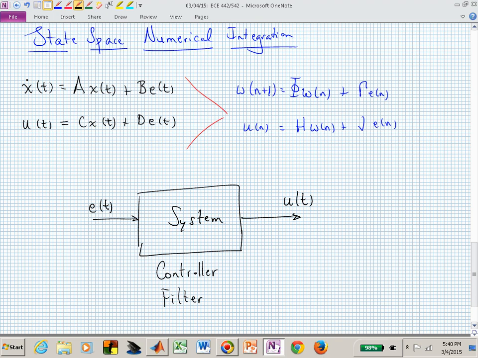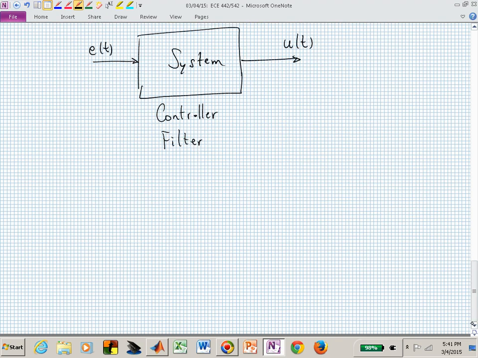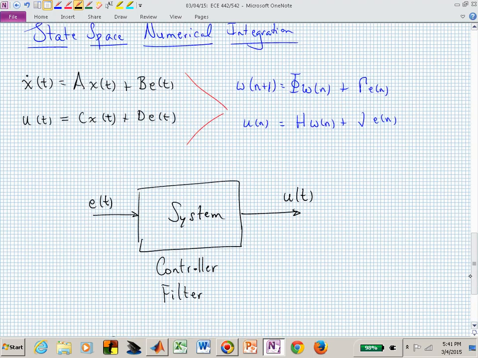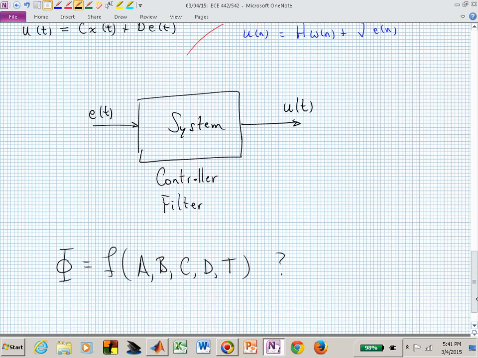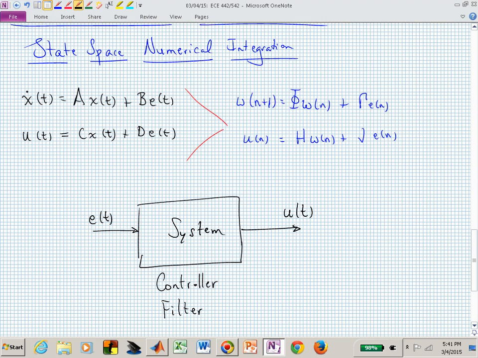We're speaking in two tongues in one time domain, which is the discrete time domain. But we want to now find a phi, a gamma, an h, and a j from an A, B, C, D, or in another way of saying that is to say, well, can we find phi that's some function of A, B, C, D, and T? Is there some way to find a phi matrix that's some combination of the sampling period, capital T, maybe A, maybe B, maybe C, maybe D?